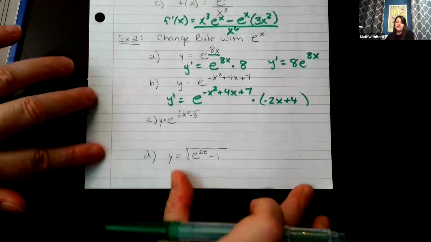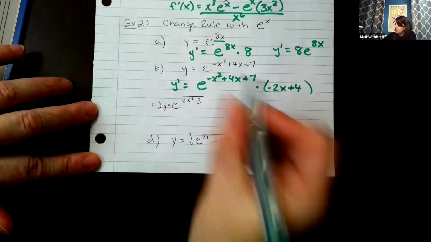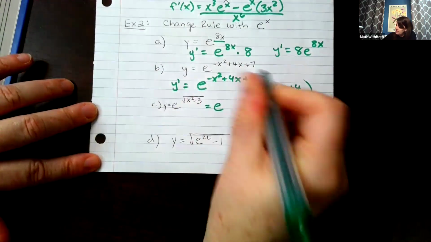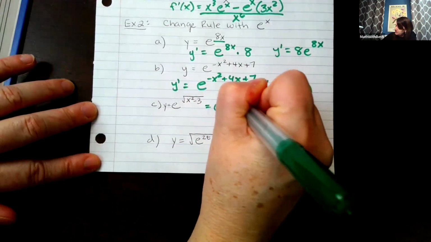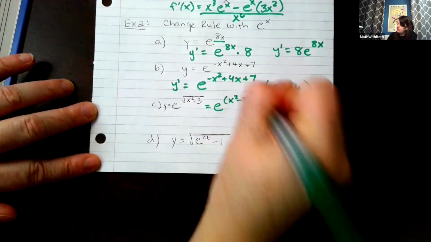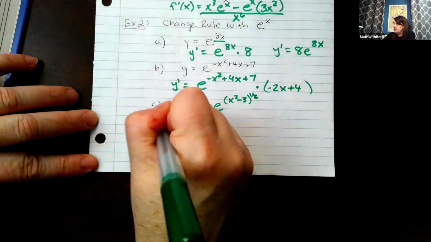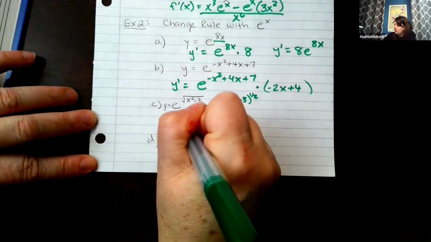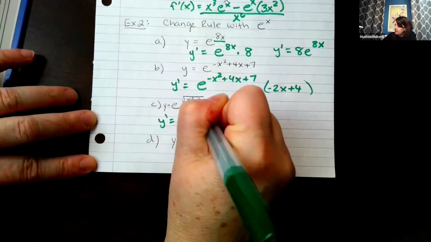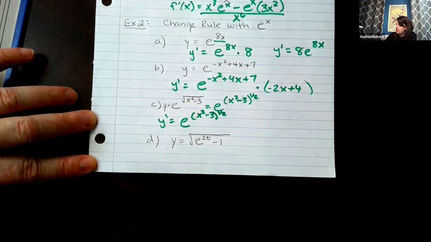And then c has even more going on. So first, I would probably rewrite this, e raised to this to the 1/2. So now to take the derivative, I would do e raised to that power. So we always leave that alone at first.